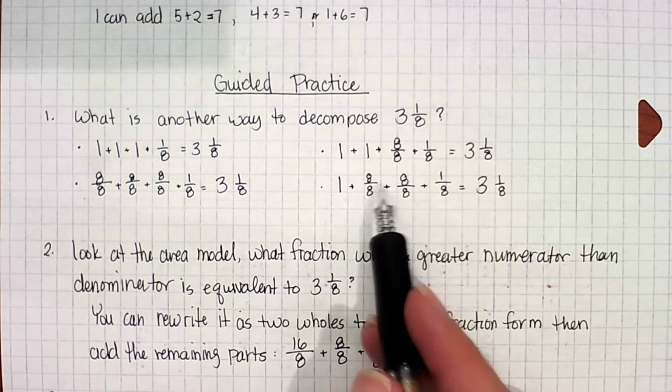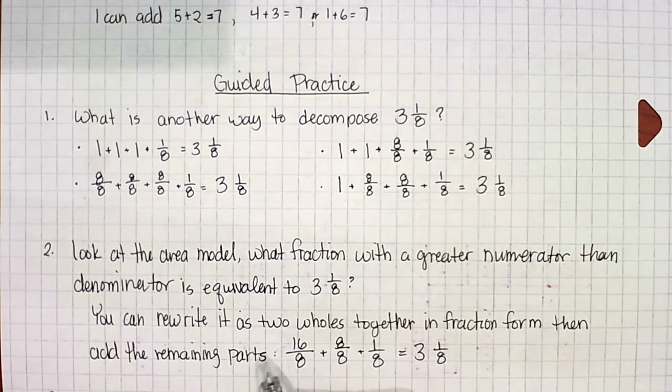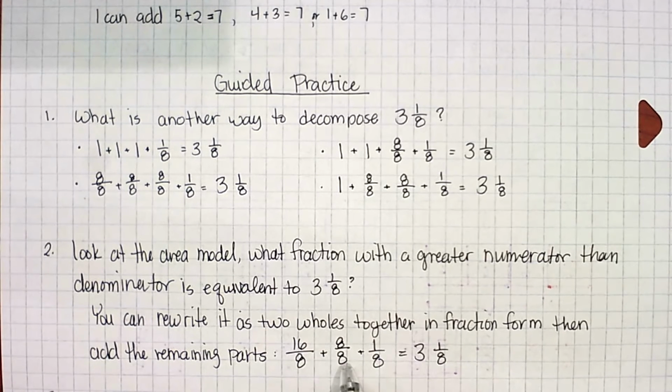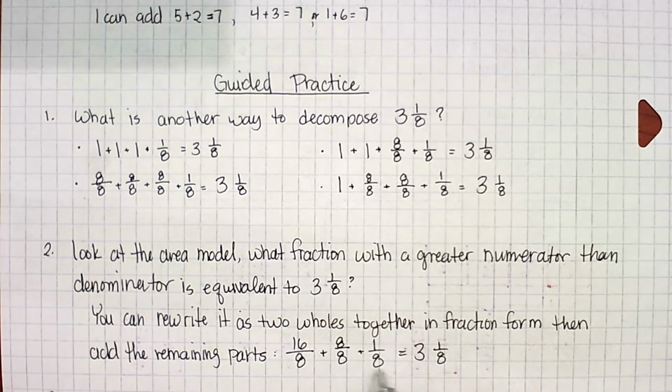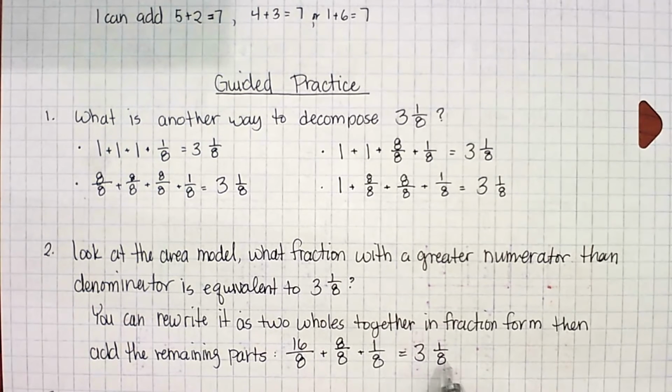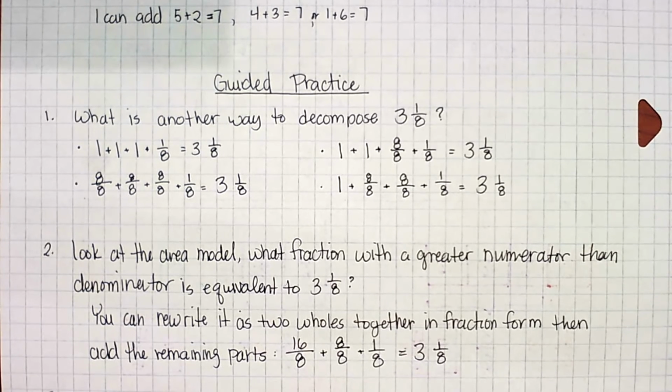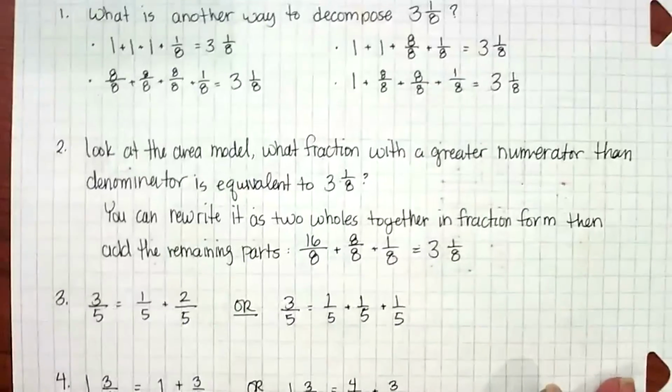So instead of doing 8 over 8 plus 8 over 8, I can do 16 over 8, because 16 is 2 times 8. So this is equal to 2 whole, plus 1 over 8, which is equal to another 1 whole, plus 1/8. So this is 2 whole plus 1 whole, that's the 3 whole, plus 1/8. So 3 1/8.